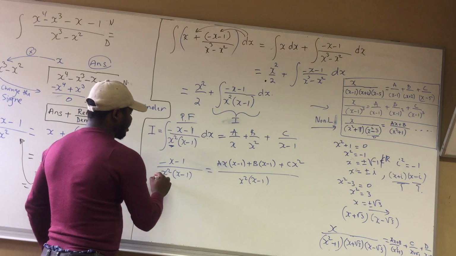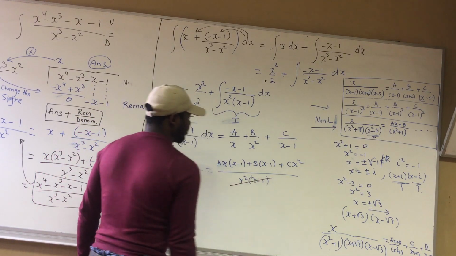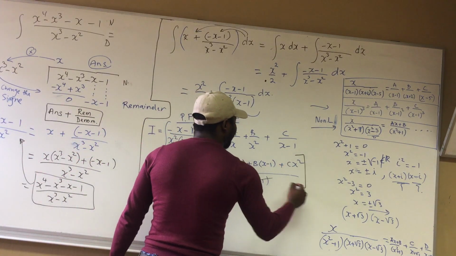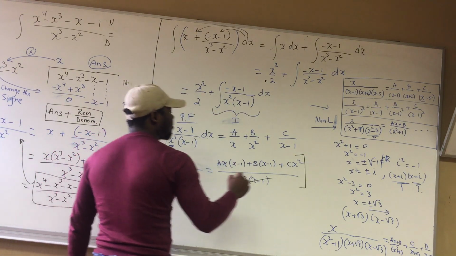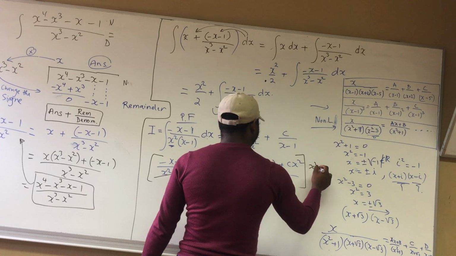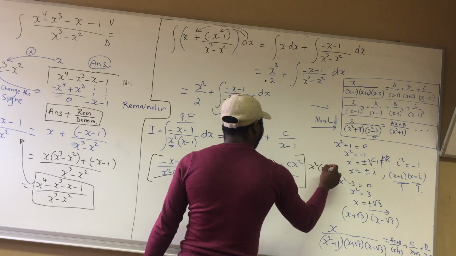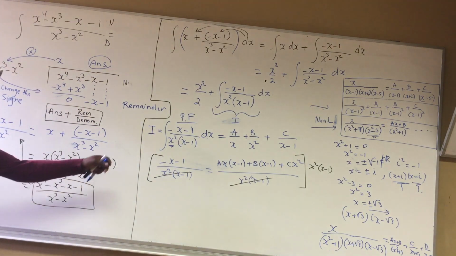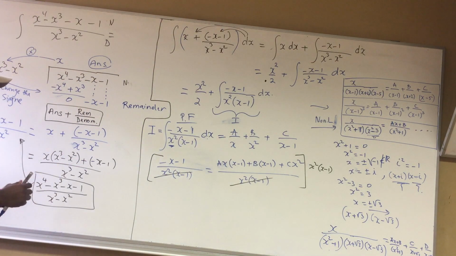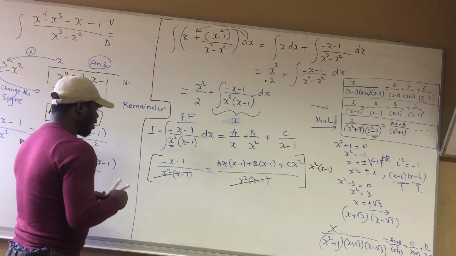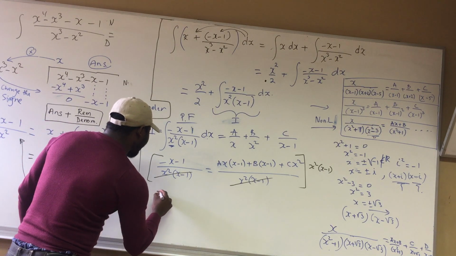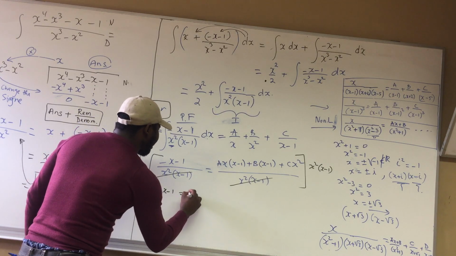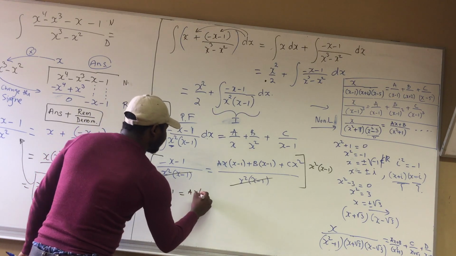You can change this guy. Right? Basically, I multiply this whole thing by x squared, x minus 1. So if I multiply both sides by x squared, x minus 1, it means the denominator will fall off. Okay? So I remain with what? Minus x minus 1 equal to ax squared.